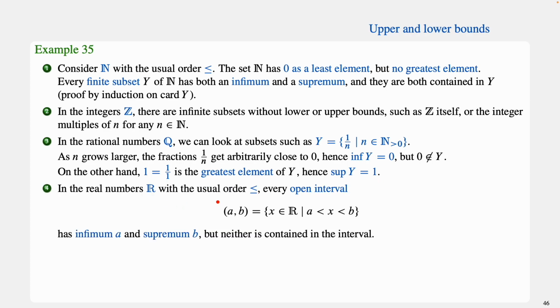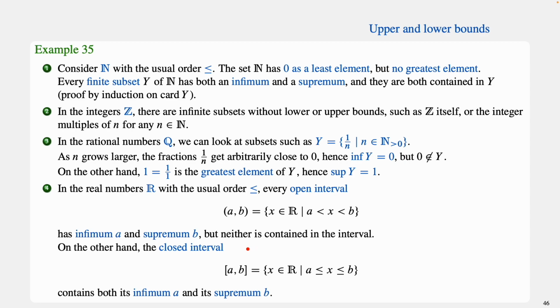And in the real numbers with the usual order, we have the open intervals. So the open interval from a to b is the set of all real numbers that are strictly larger than a, but strictly smaller than b. So this set has the infimum a and the supremum b. But neither the infimum nor the supremum is actually contained in the interval.